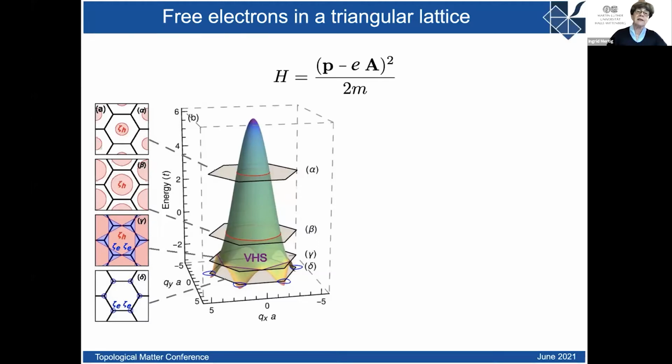And this is the result. Without the vector potential, we would observe free electrons in this hexagonal lattice, and this is the free electron dispersion relation that you see, this parabolic shape. And as soon as we switch on the magnetic field and the vector potential becomes non-zero, we have Landau quantization, and all the states condense into Landau levels.